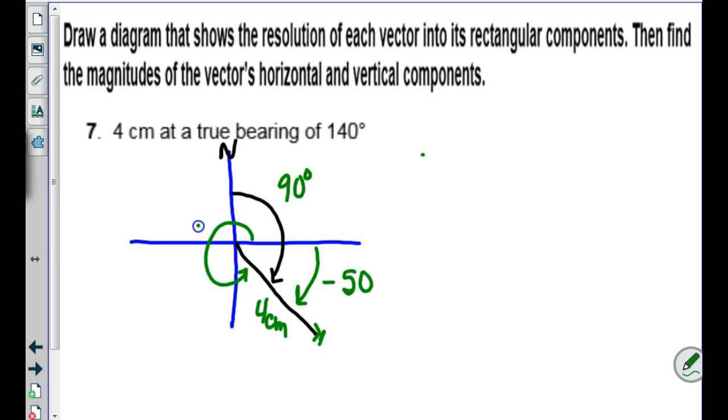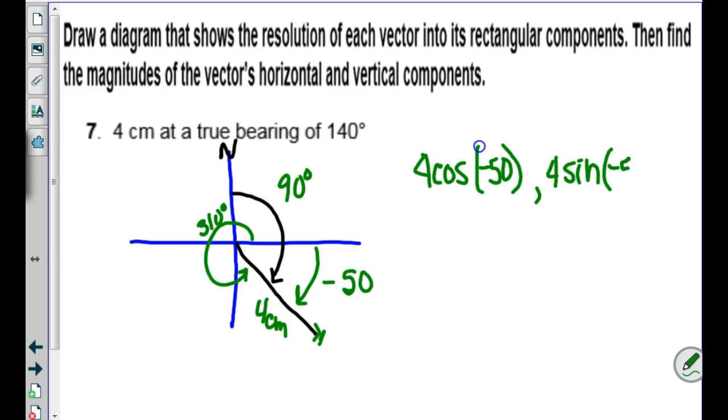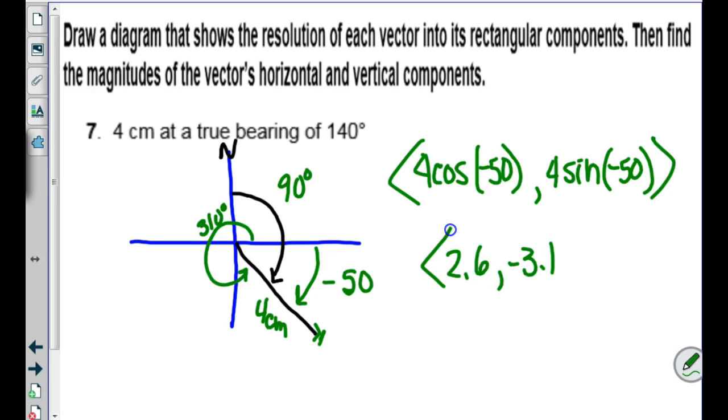The north, yeah. 310 would work. All right. So 4 cosine of negative 50 and 4 sine of negative 50. We should get a positive and a negative this time. Nice.